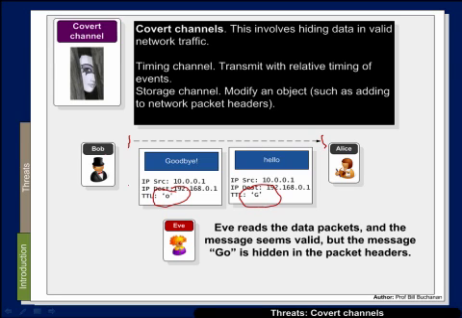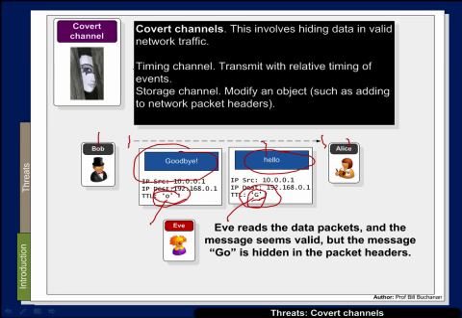So in this case, Bob has inserted the letter G within the TTL field of the IP packet and the letter O. So if Bob and Alice know where to look, then we can see the word go has been inserted in here. Anyone looking at the message itself would see hello and goodbye, but there is a covert message hidden inside these data packets.